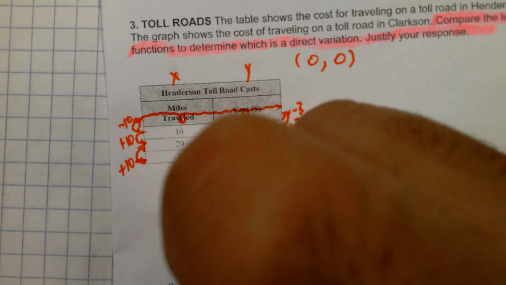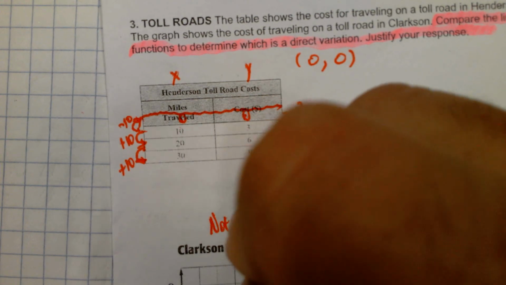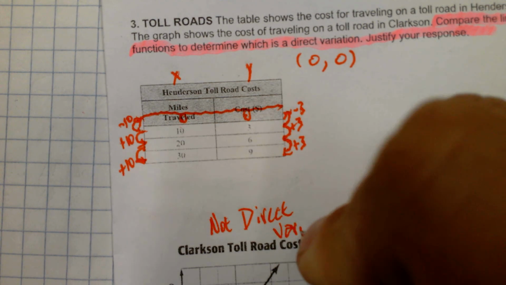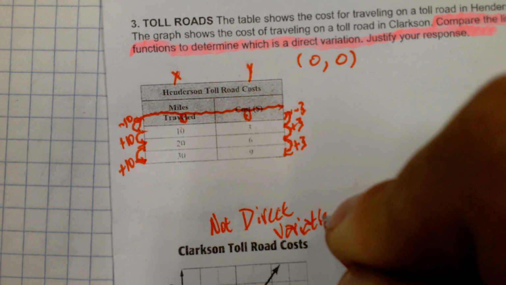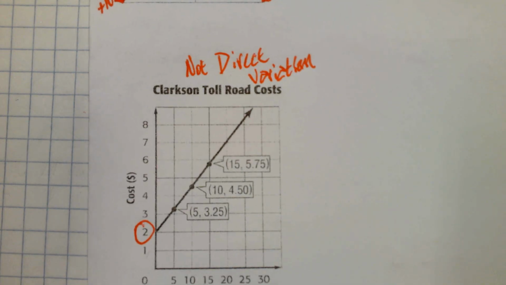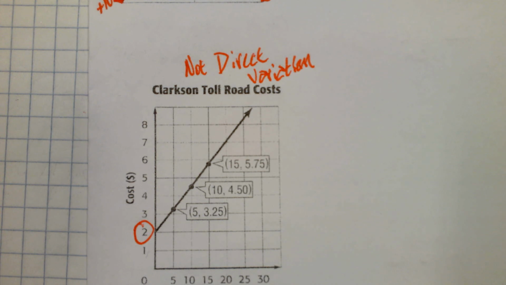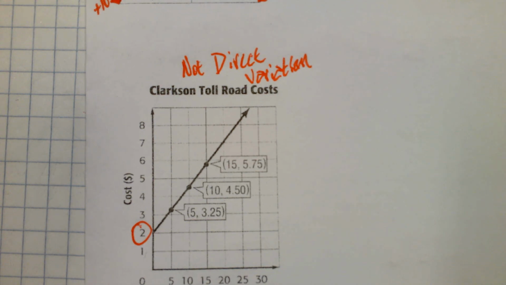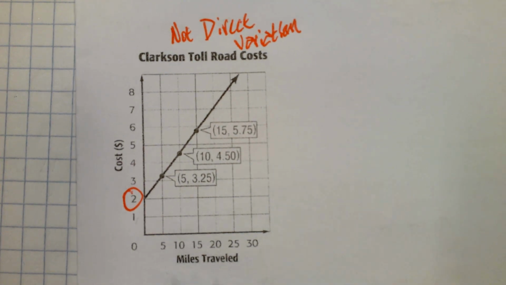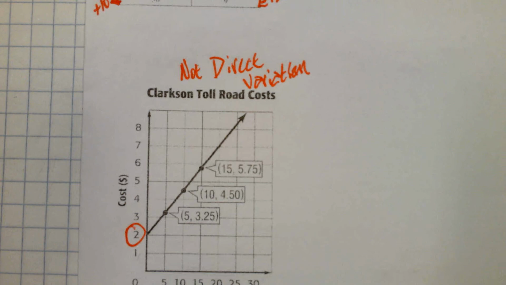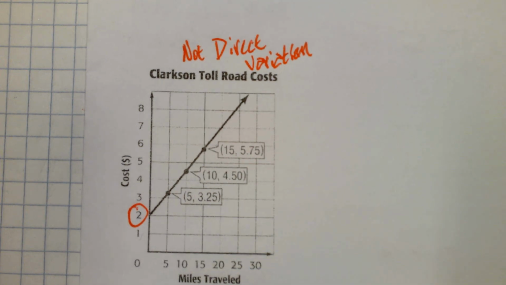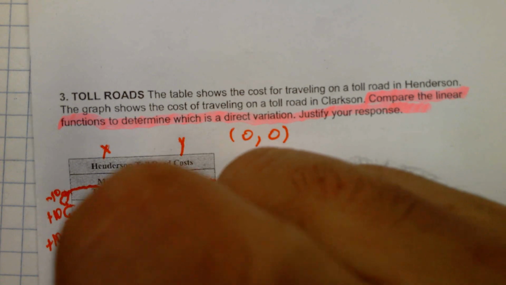No. Well, they will charge you. They'll take a picture of your plate and send you a bill. So yeah, this is non-direct variation. For it to be direct variation, it would have to go through 0, 0. This one is direct variation.